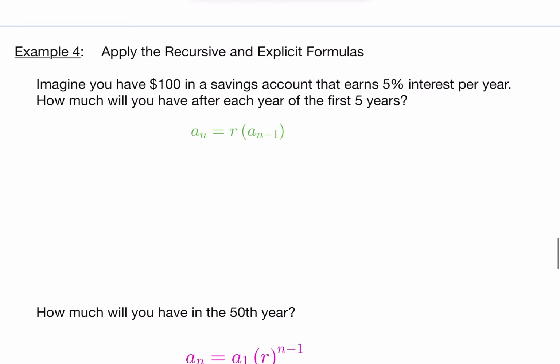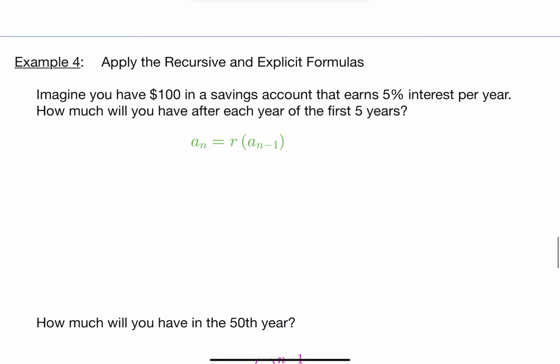Okay, so let's go ahead and solve for that. So we're going to say that A sub 2, okay, so we're looking at sub 2 because we're looking at the end of the first year, which is the equivalent of the beginning of the second year. Okay, both are the same. So A sub 2 is going to be the common ratio.